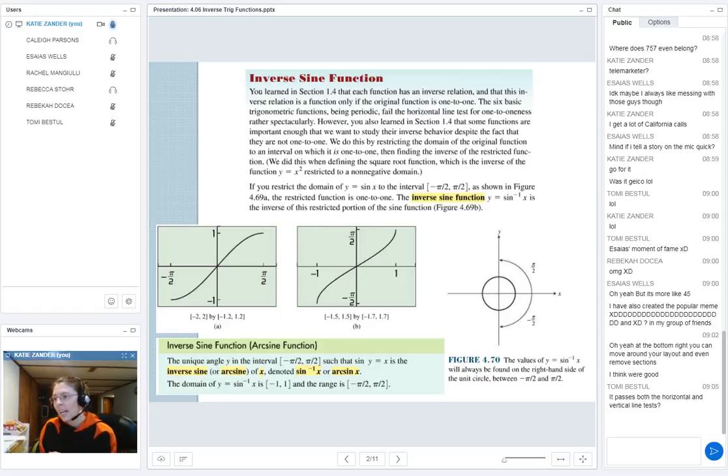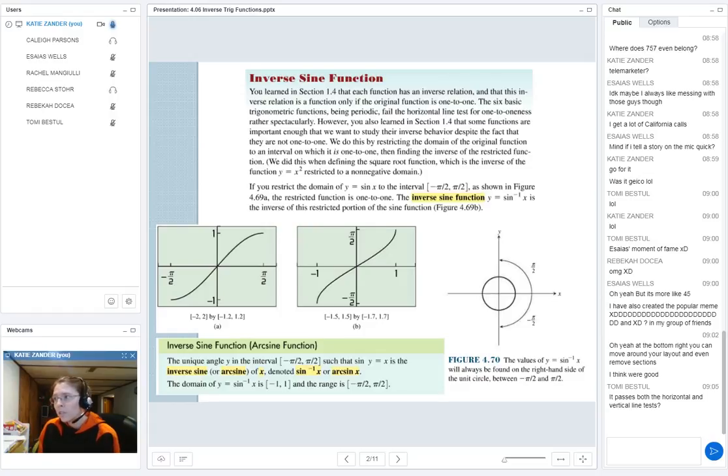With our sine and cosine and tangent functions, because they repeat, right? Sine and cosine are waves, first of all. And then tangent repeats itself many times, like vertical waves almost, like looking at the beach, I think is how Isaiah put it there. They're going to fail the horizontal line test.